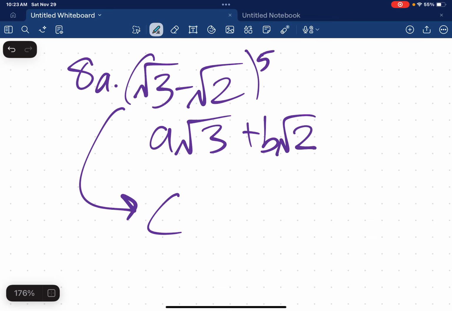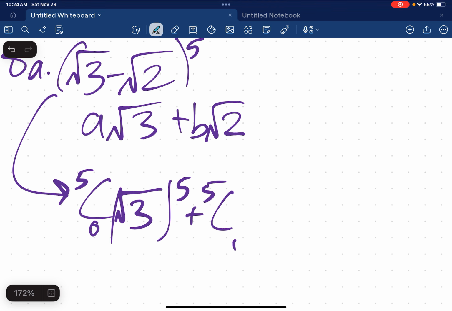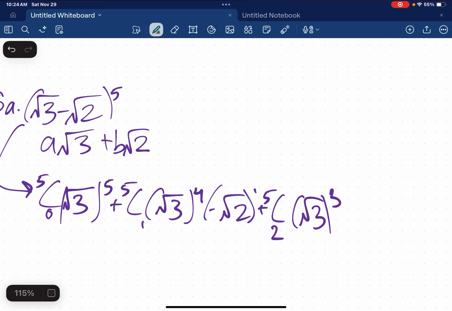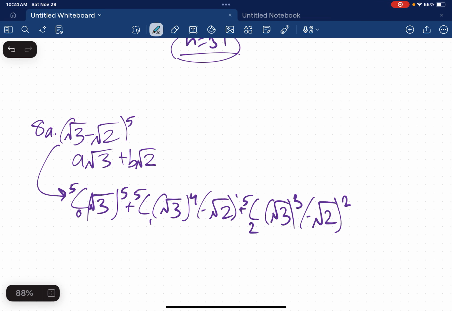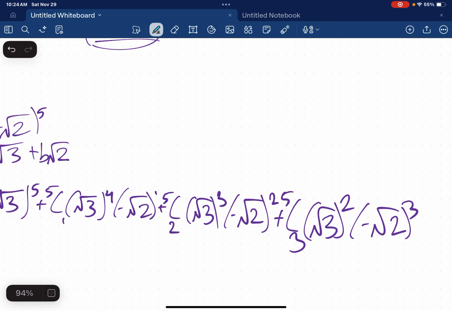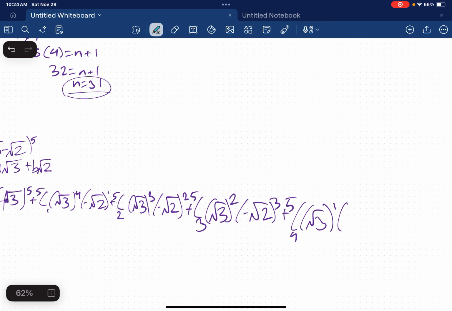So we'll have 5 choose 0, square root of 3 to the 5th, plus 5 choose 1, square root of 3 to the 4th, negative square root of 2 to the 1, plus 5 choose 2, square root of 3 to the 3rd, times negative square root of 2 to the 2nd, plus 5 choose 3, square root of 3 to the 2nd, times negative square root of 2 to the 3rd, plus 5 choose 4, and you know how it goes from there.